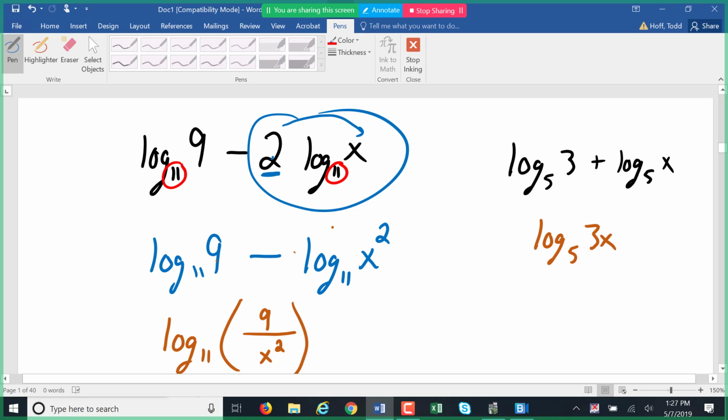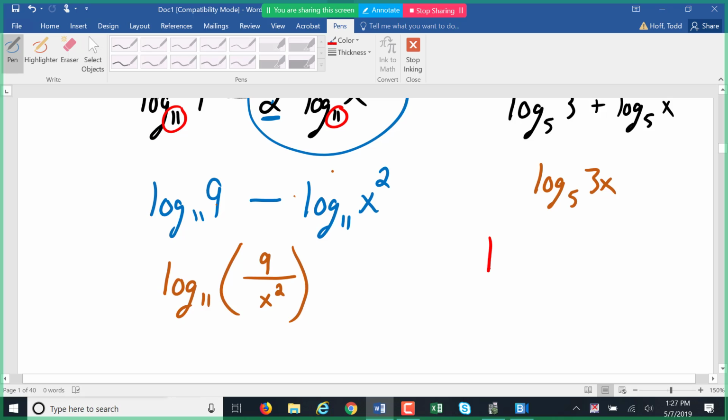However, if it was log base 4 of 7 plus log base 5 of x, why can I not combine those? Yes, they're not the same log. Different bases on the log. One's a log base 4, the other's a log base 5.